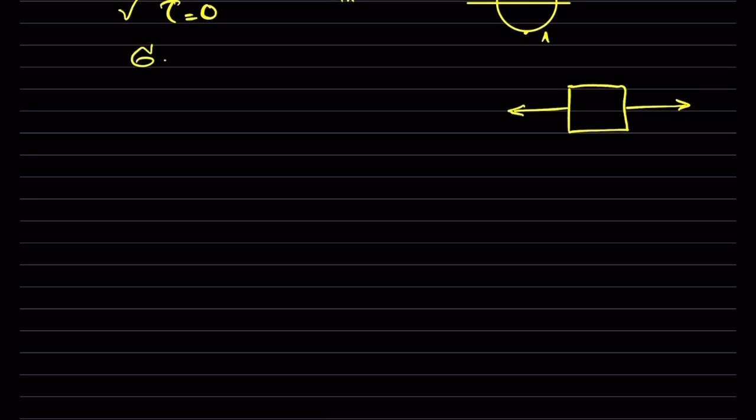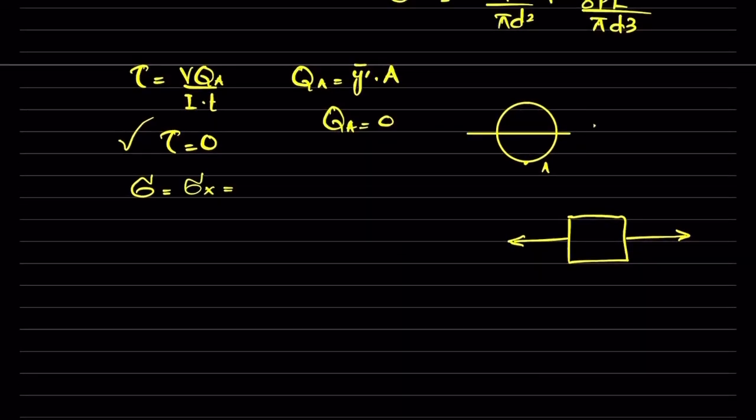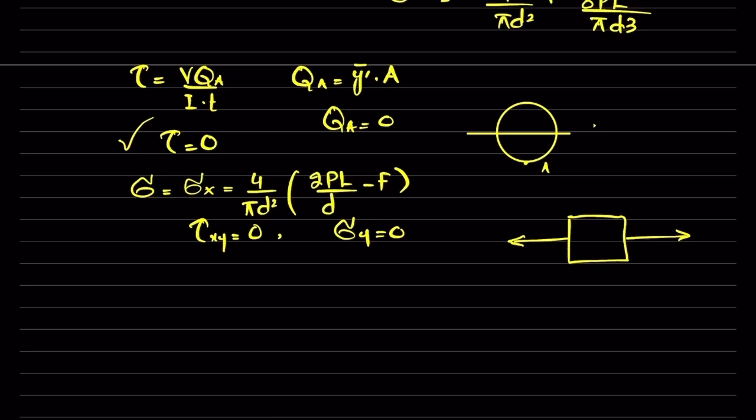So sigma is equal to sigma x, and that is equal to 4 over pi d square into 2pl over d minus f. And shear stress, tau of xy is equal to 0. Also sigma y is equal to 0. So only we have sigma x over here.